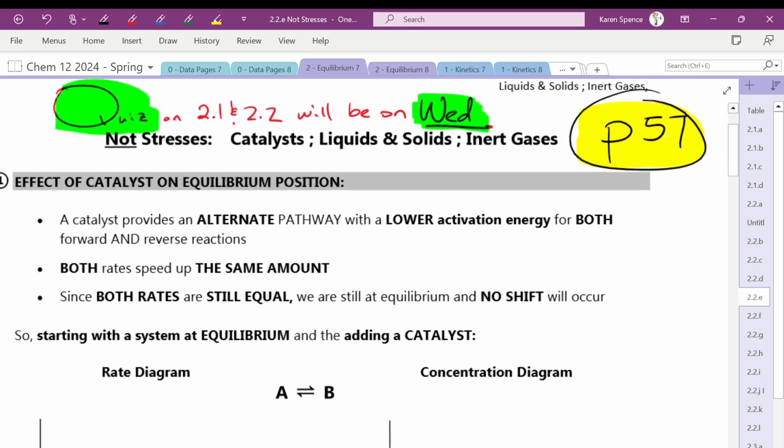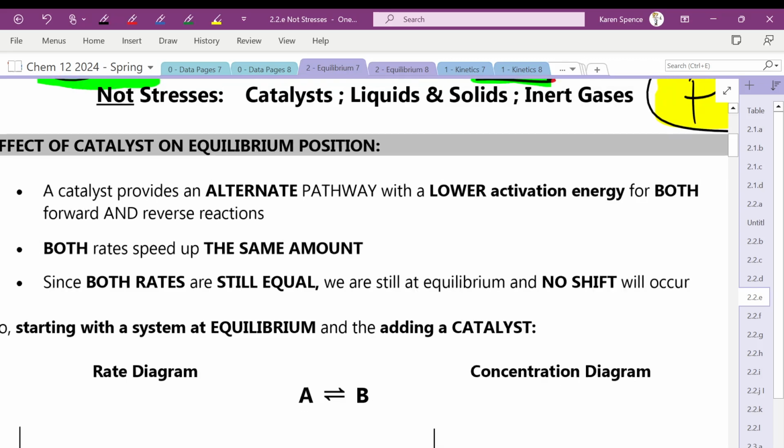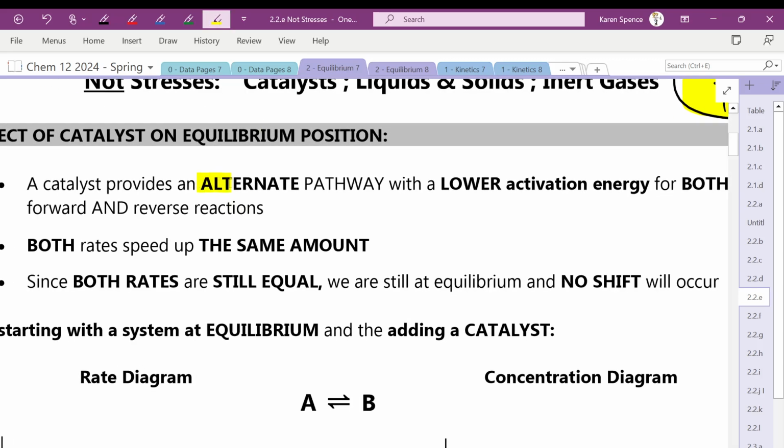Okay, the catalyst provides an alternate pathway with a lower activation energy.